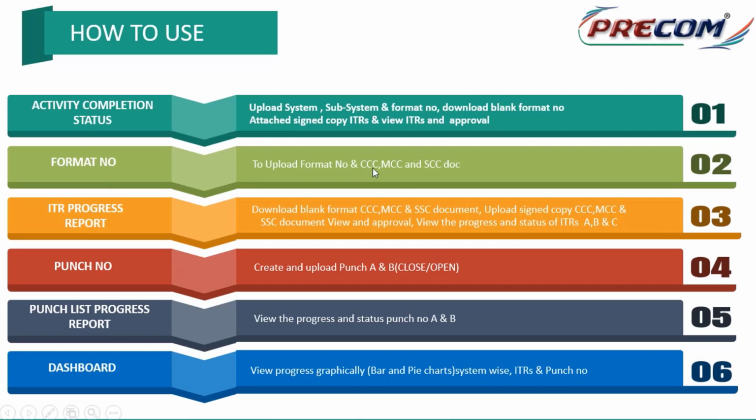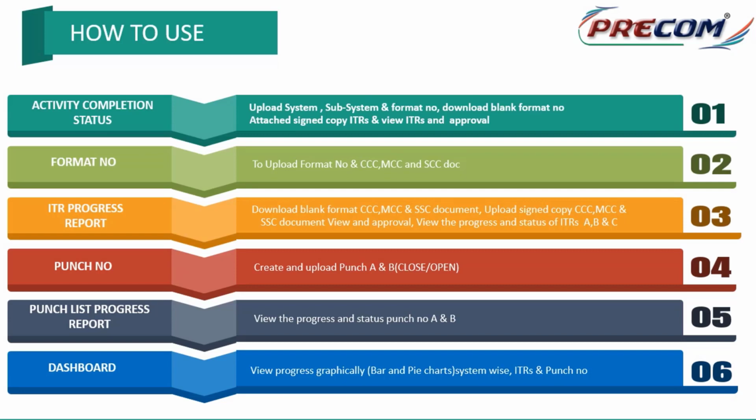And we have formats like CCC, MCC, SCC, that is, construction clearance certification and mechanical clearance certification. These are at a system level or subsystem level. There are many points in a system or subsystem. Once all the tags and all the activities are completed, then I go for construction clearance. After construction clearance, there is a second milestone or benchmark, mechanical clearance certification.